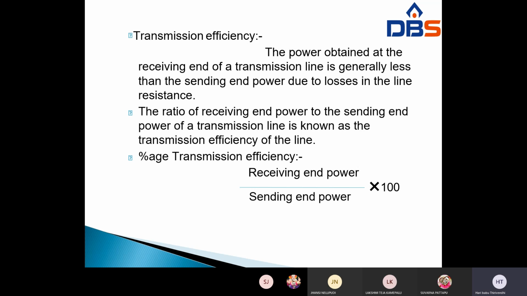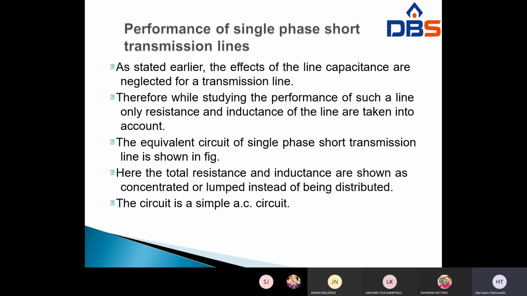After that we go for the performance of a single phase short transmission line. How to calculate the voltage regulation, how to calculate the sending end power factor, how to calculate the line losses, how to calculate the transmission efficiency.